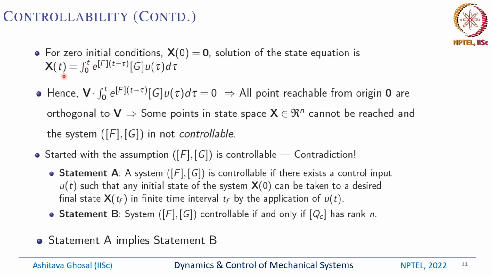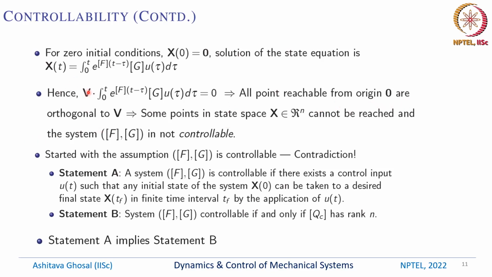It is one part which is the initial condition, x(0) into e to the power Ft, plus the particular part. Now x(0) is 0, so we are left with x(t). And then we can take a v dot of this, and it is clearly equal to 0, because that is what we proved in the previous slide. So hence all points reachable from the origin are orthogonal to v.